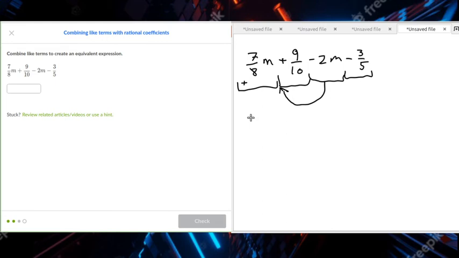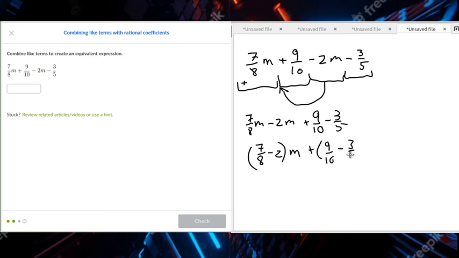So I'm going to have 7/8 m minus 2m plus 9/10 minus 3/5. Okay. And now I'm going to group these together. So I'm going to factor out the m, and I'll have 7/8 minus 2 of m. And I'm going to have 9/10 minus 3/5 of the 1s. I could put a 1 here, but it doesn't matter that much.